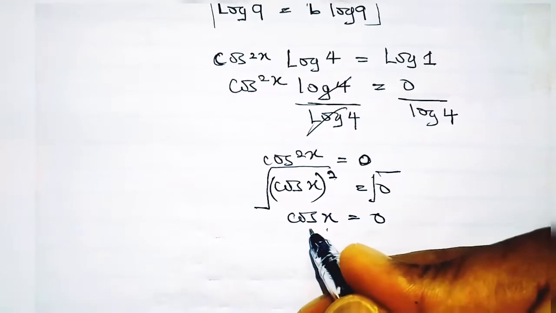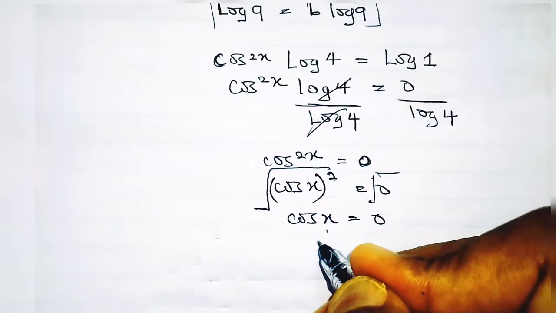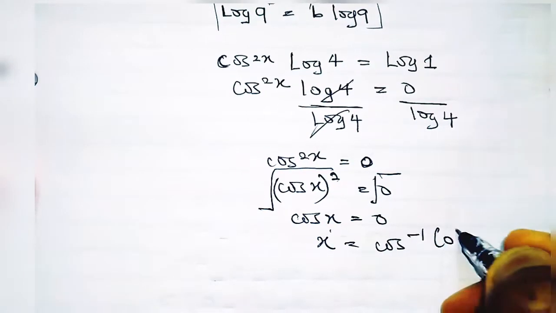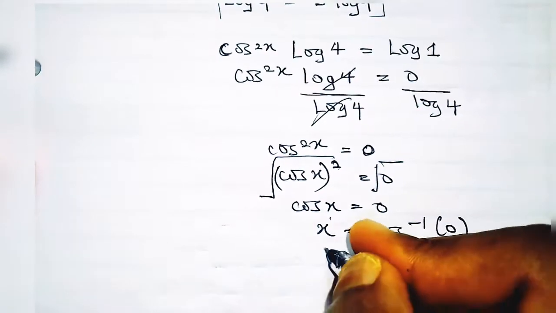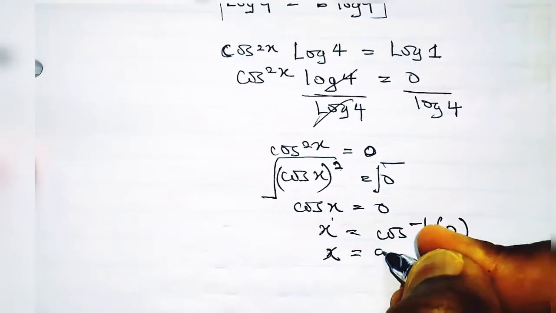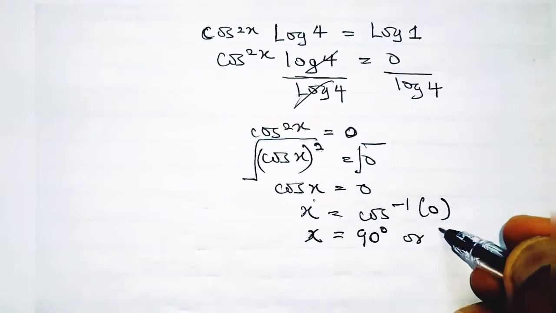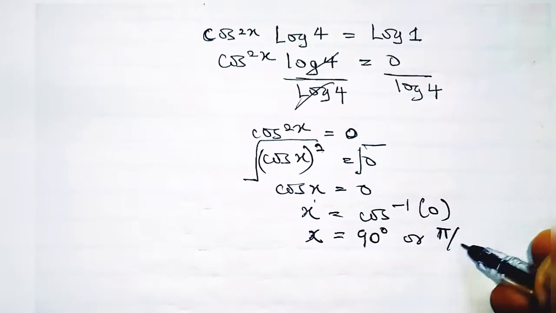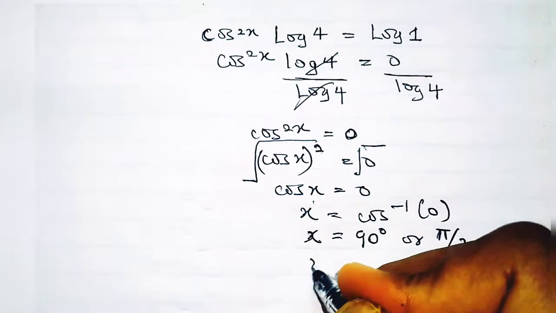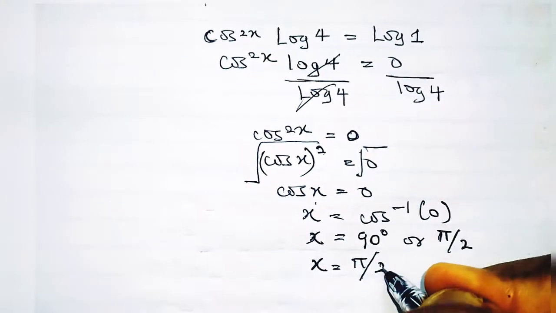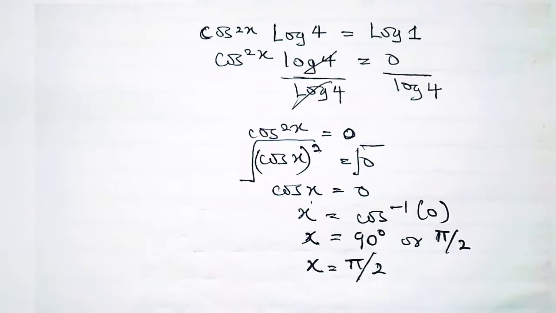So you can just say x equals taking the inverse of cos, right? So cos inverse of 0 will give me 90 degrees or pi over 2. Pi over 2 is easier to express, so we just express this as pi over 2. Pi over 2 is also 90 degrees, except in radians form.